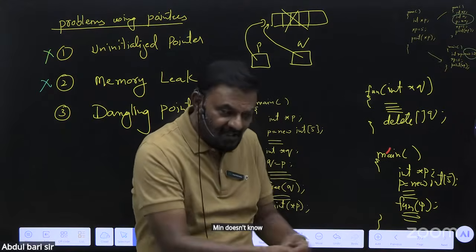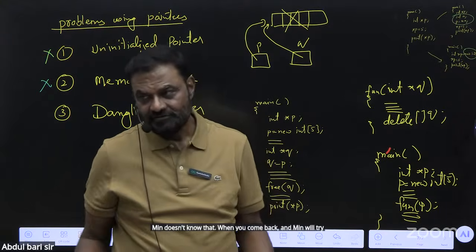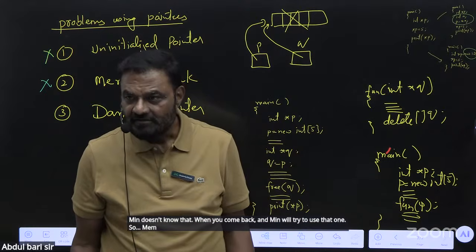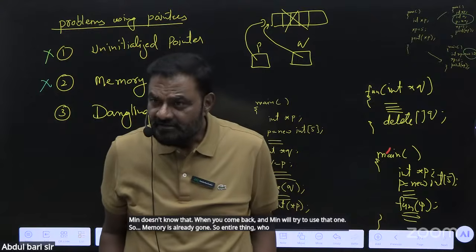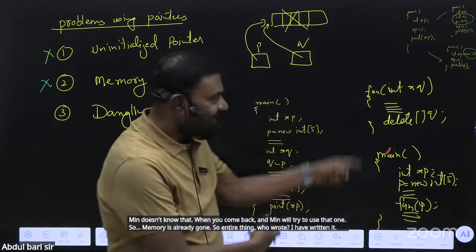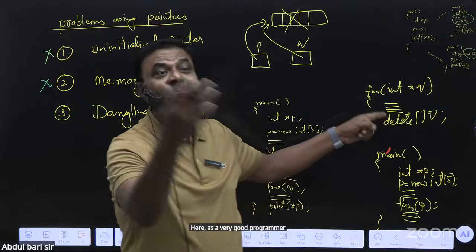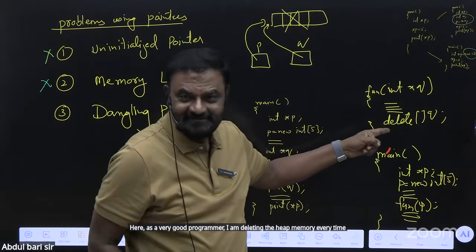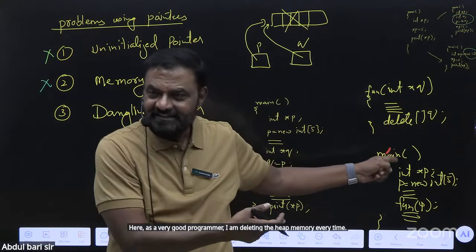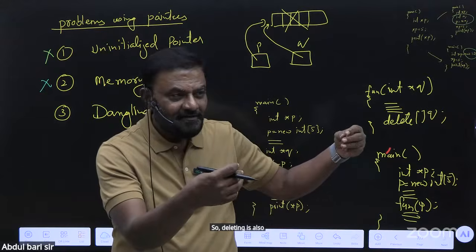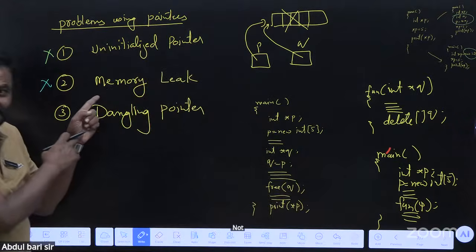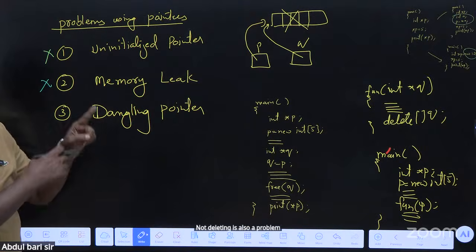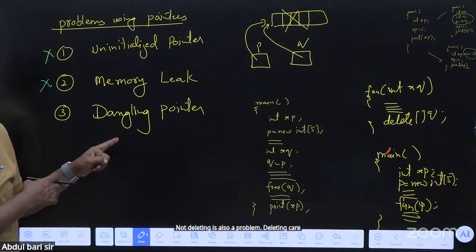When you come back, main will try to use that one. So memory is already gone. So the entire thing, who wrote? I have written it. Here, as a very good programmer, I am deleting the heap memory every time. So deleting is also a problem. Not deleting is also a problem. Deleting carelessly is also a problem.